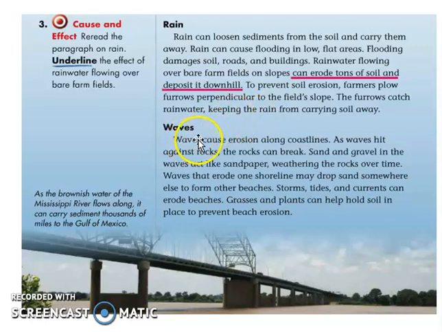Another one, strong waves could also change the land shape. As the waves hit against the rock, the rocks could break. And then sand and gravel in the waves act like sandpaper, weathering the rocks over time, meaning it could change the rock shape over time.